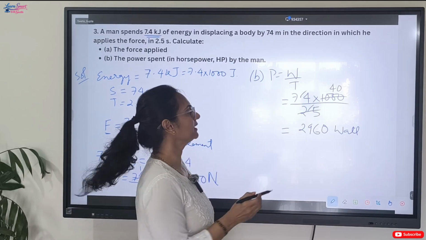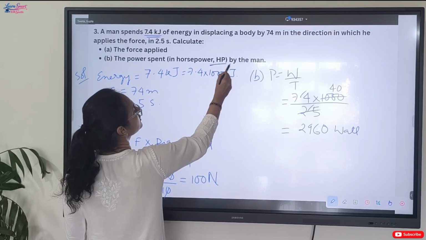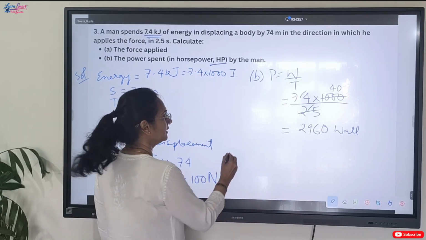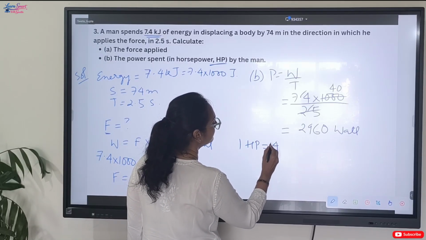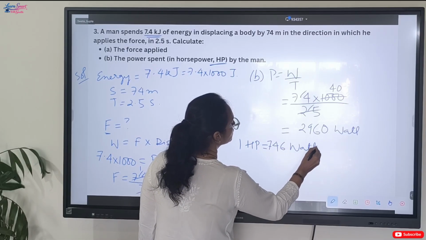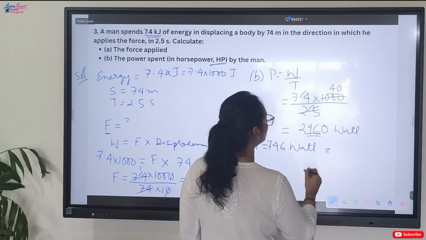After calculating, we are getting 2960 watt, but they have asked us in horsepower. How do we calculate in horsepower? We have to know that 1 horsepower equals 746 watt. So if we have to convert this to horsepower, what will we do?